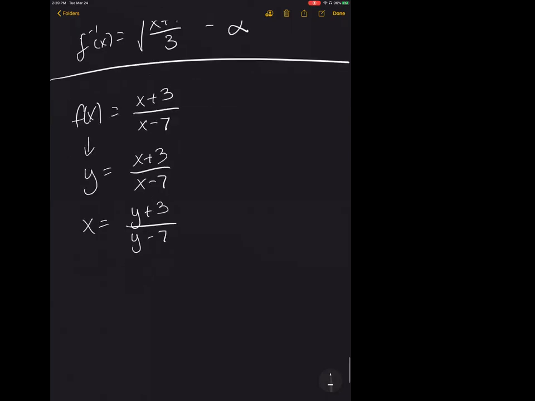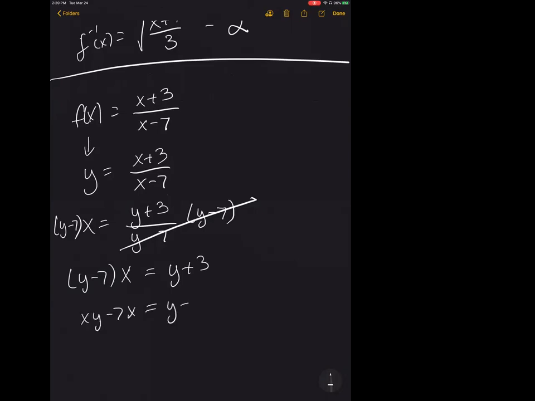The way we work around that right here is we have to first get rid of the fraction. So you multiply both sides by the denominator of our fraction. These will cancel out. So y minus 7 times x is equal to y plus 3. Notice I still have 2 y's. I distribute the x. xy minus 7x is equal to y plus 3.